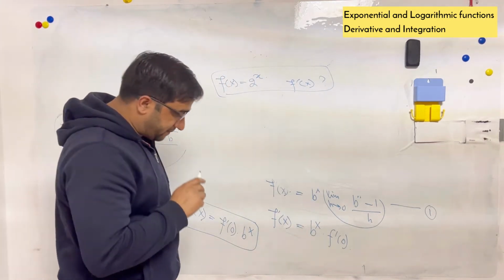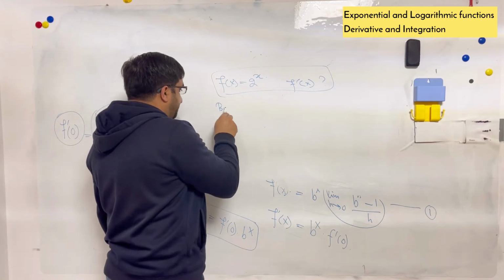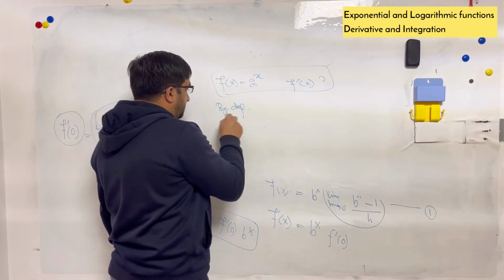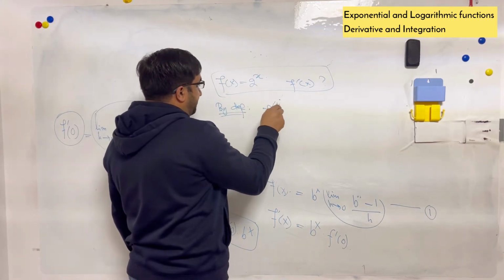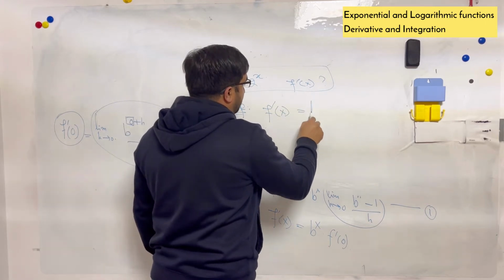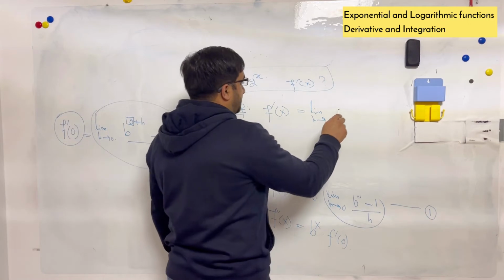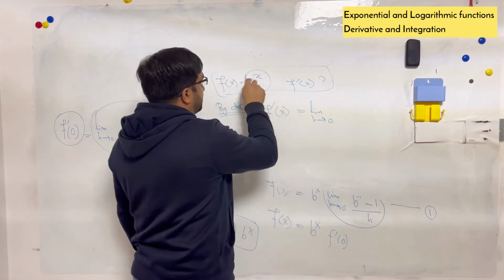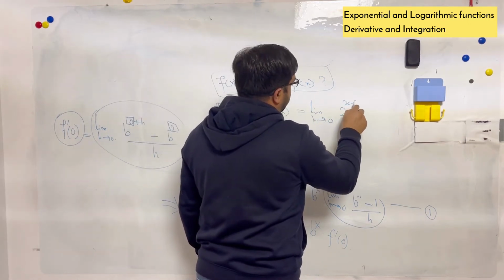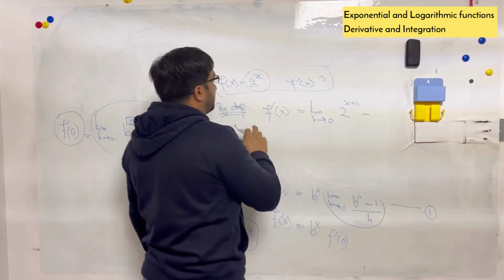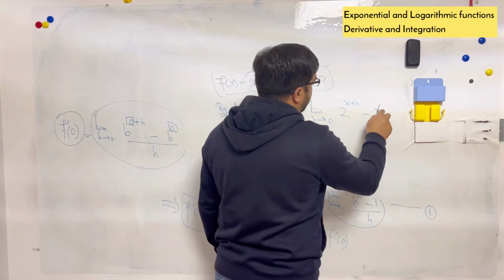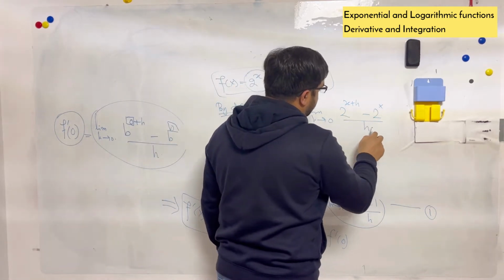What should we do? By definition, I know that the derivative of a function is equal to the limit as h approaches 0 of f of x plus h, which means 2 raised to the power x plus h, minus f of x, which means 2 raised to the power x, divided by h.